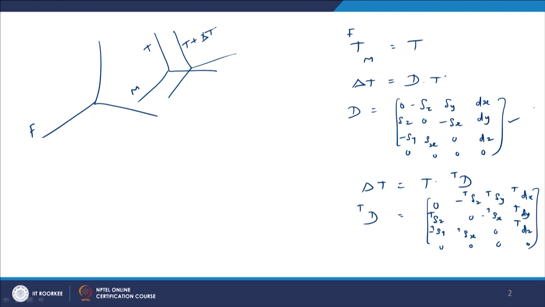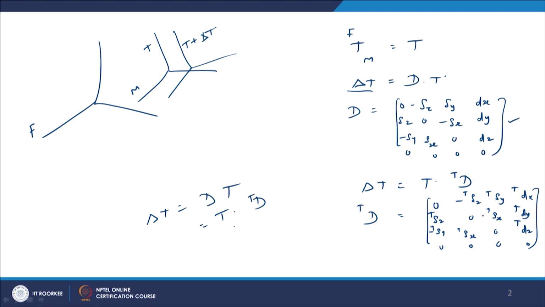So, D means the differential changes with respect to the fixed frame, and D superscript T means the differential changes with respect to the current frame. Now, we want to relate these two. This del T operator is equal to D times T on one hand and T times D superscript T on the other hand.